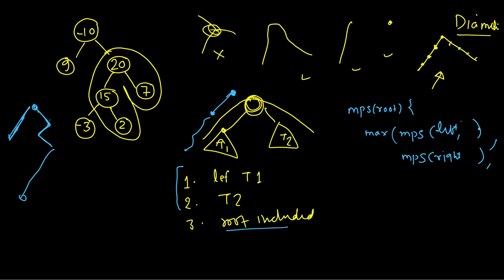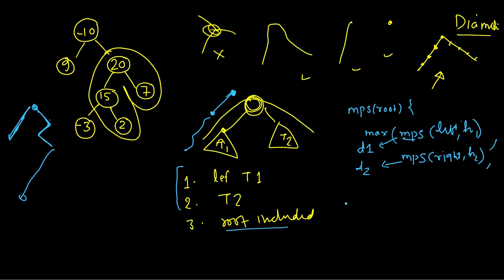So we will pass one additional variable by reference. Let's call it h. Call it h1, then h2. And here we have to include at least one node. So now once these two values return, let's say this MPS left returns D1, MPS right returns D2, and the maximum length path including root in left subtree has a value of h1, and in right subtree it's h2.